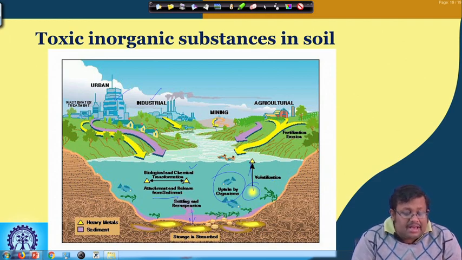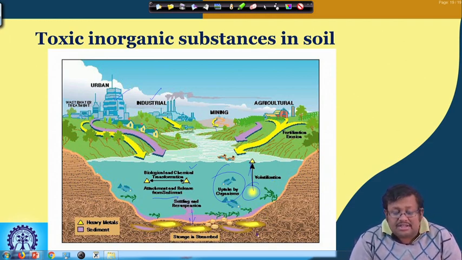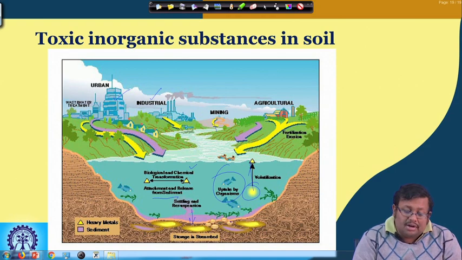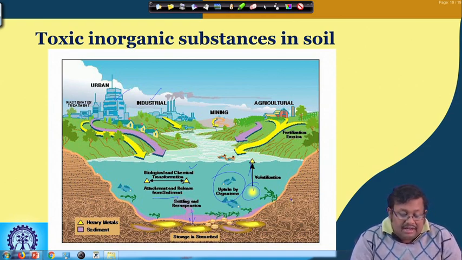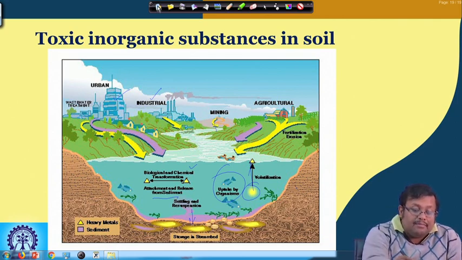So these are some of the ways through which these toxic inorganic substances move from soil to water, and ultimately get stored in the stream bed, and also settle down below any stream or water body. So this is very important.